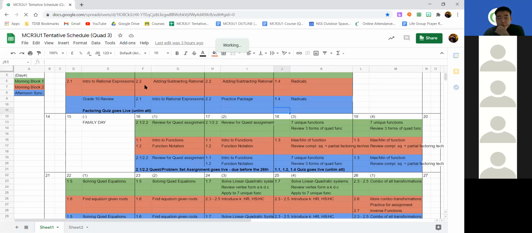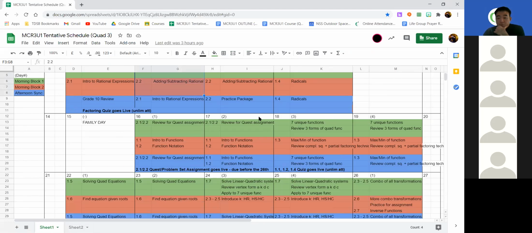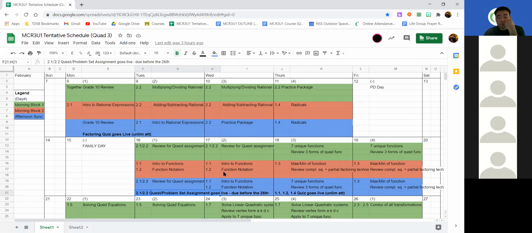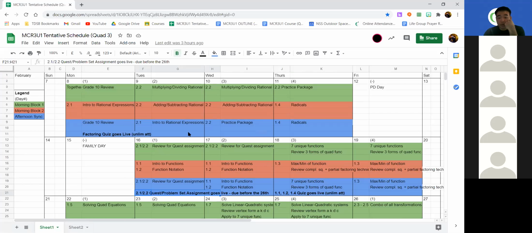We are doing 2.2 together right now. 2.2, adding and subtracting and multiplying, whatnot. Sometime next week, I'm going to set a problem set based on rational expressions for you. So essentially, your goal is to sort of be prepared for that. Next time I see you, I'm going to show you how rational expressions could take the form of even like minor word questions.